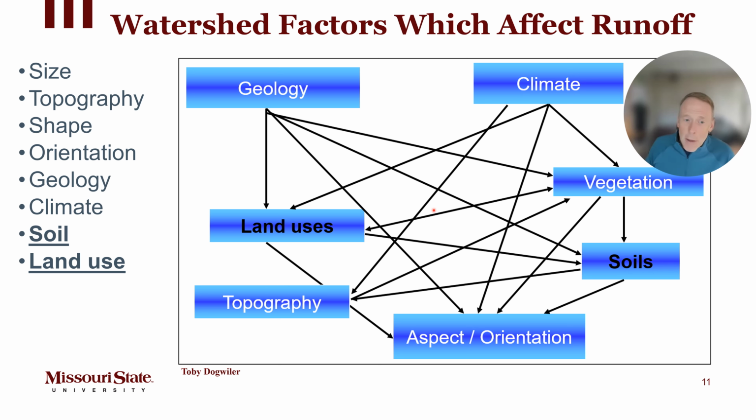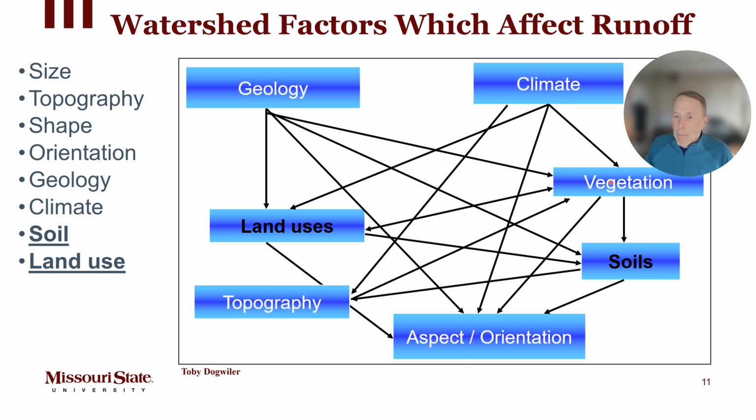And lastly, I want to point out that I've got arrows going every which way here. Every one of these factors influences every other factor in some way, usually. Your soil, as I said, is a function of the geology, the climate, the topography, and the vegetation that has typically been in that watershed.